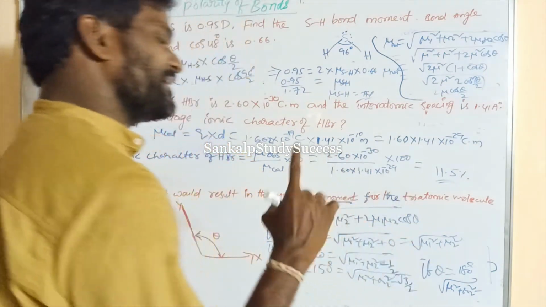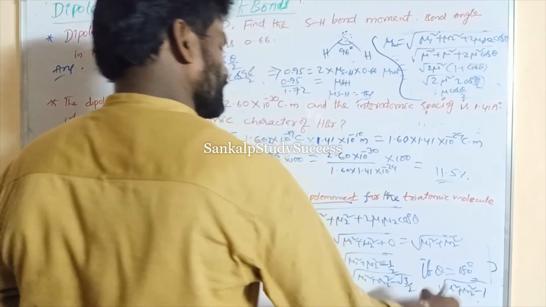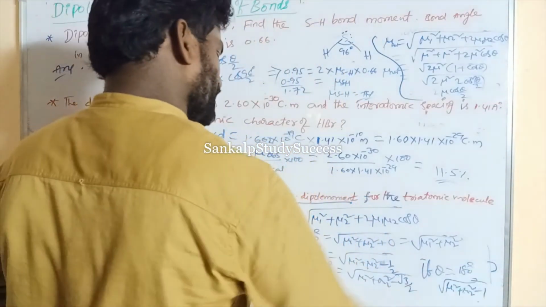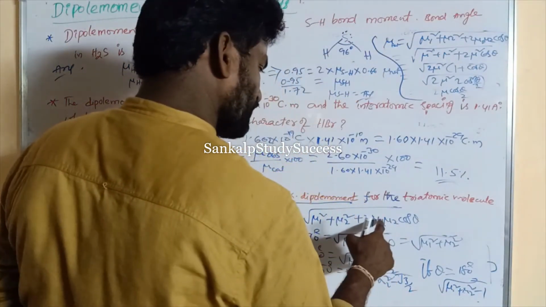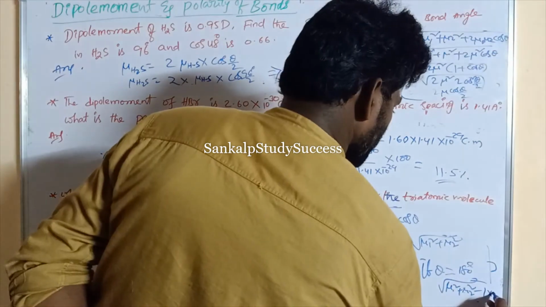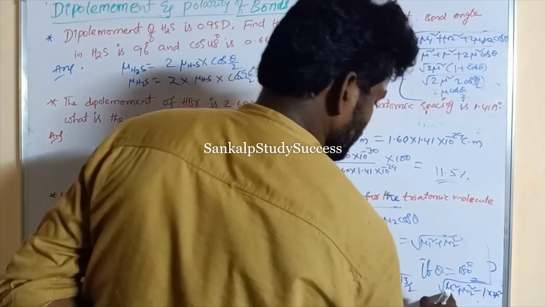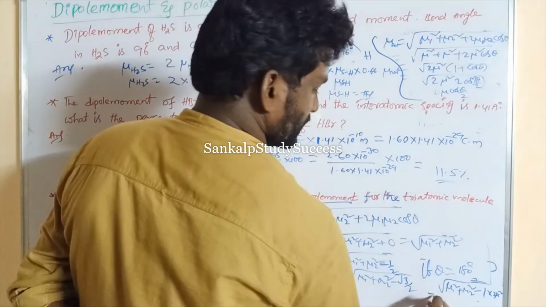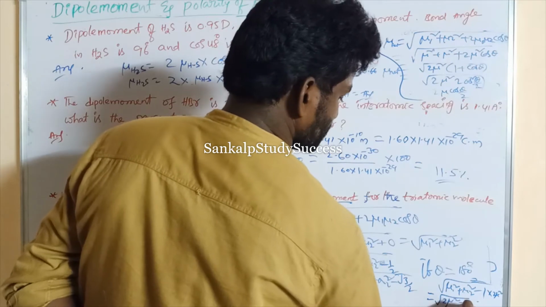Minus sin 90 means minus 1. If the two are equal, finally we got 2 mu1 mu2, which is 2 mu square. If these are also the same, mu square plus mu square is equal to 2 mu square, and this is 2 mu square.